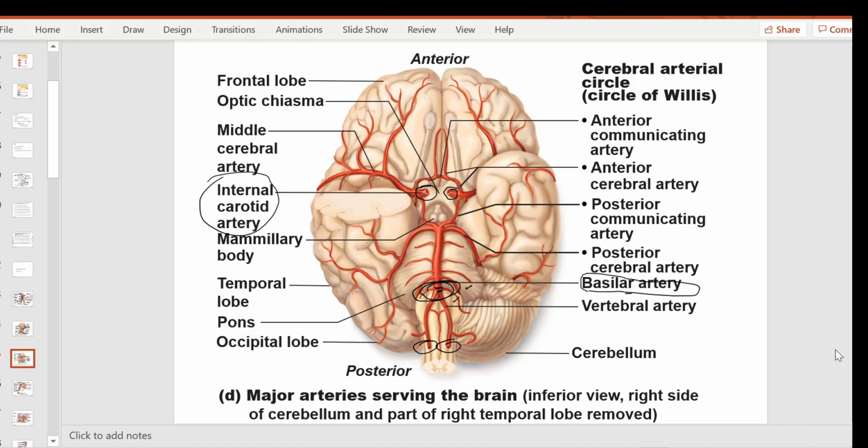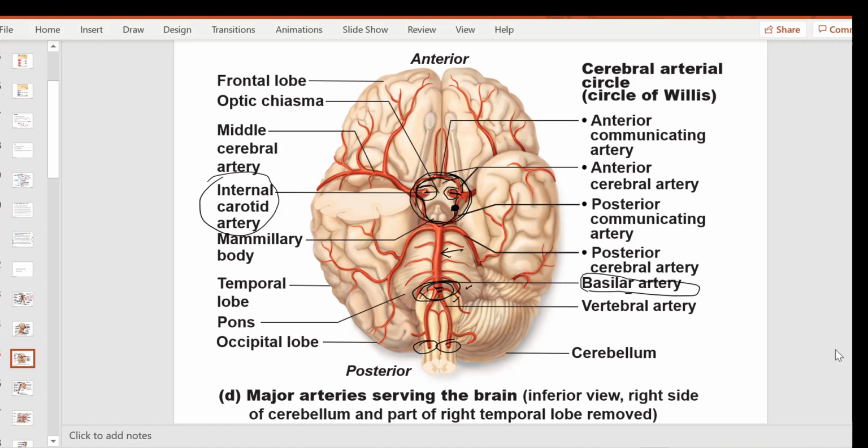So this is the basilar artery, and the branches of the basilar artery and the branches of internal carotids form a circle here, and this is called the circle of Willis. Okay, this circle is very important, because if any blockage occurs anywhere, like if any blockage occurs here in the artery, then since it is a circle, the blood, instead of going this way, will find a different route to reach here.